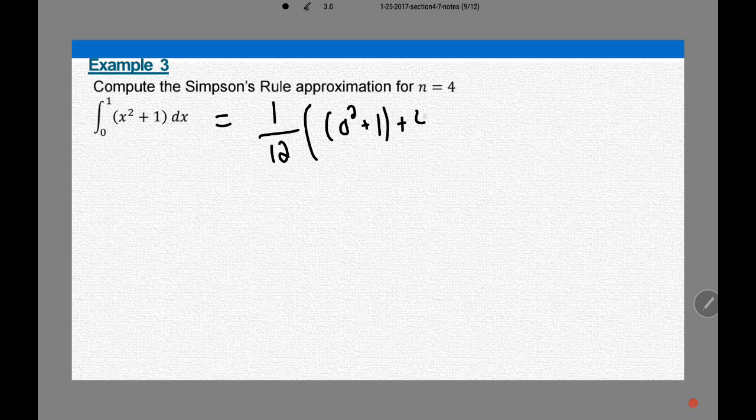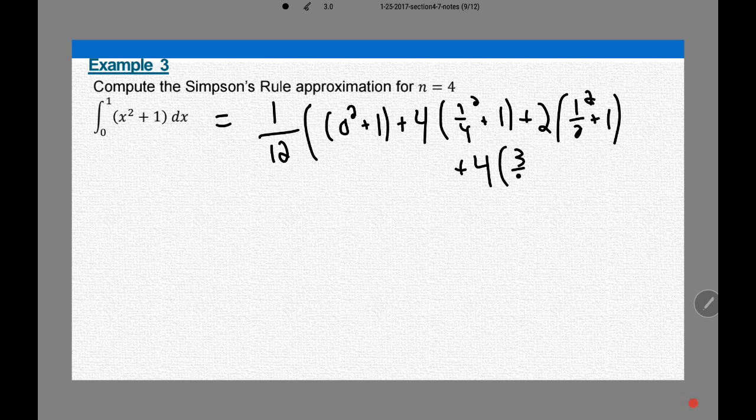The second one is going to have a 4 with it, and we're going to do 1/4 squared plus 1. The next one is going to have a 2 in front of it, and we're going to do 1/2 squared plus 1. The next one is going to be a 4, and we're going to have 3/4 squared plus 1. And then we're going to have our 1 squared plus 1 at the end.